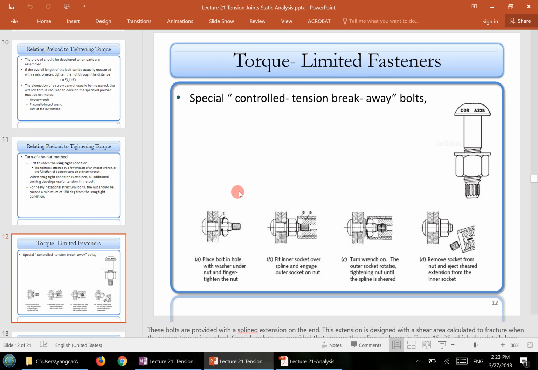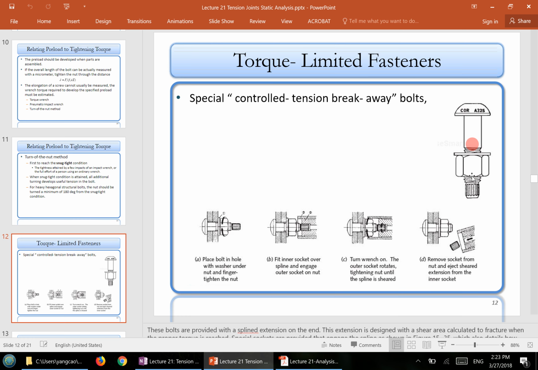Nowadays, there are a few more types of technology you can rely on to give you peace of mind. This one here is called a torque limited fastener. As you can see, at the end of the bolt there is a spline extension.